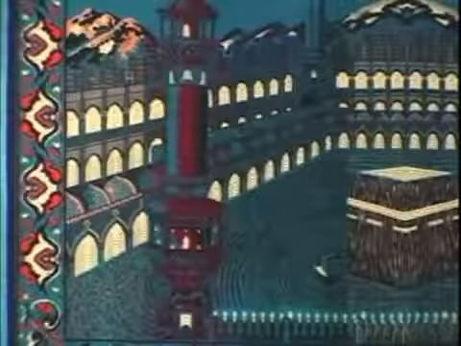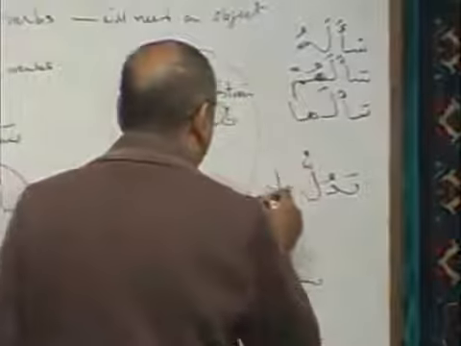Ataf. And then fi'al. Where is the fa'il? MashaAllah, it is mustatir, and then you will say taqdiruhu huwa. And then we will say in Arabic, yadullu ala, I will write down. Yadullu ala.